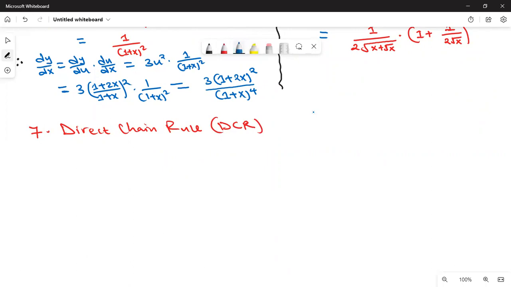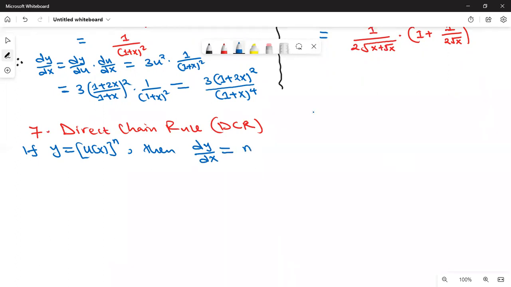That if y is equal to u of x raised to n, where n is any real number, then for dy dx, you first of all use the power rule to differentiate the power.